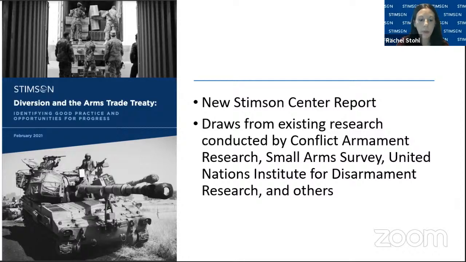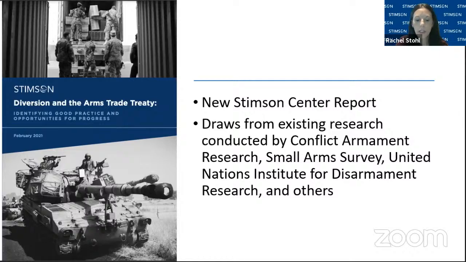And last month, we released a report with the support of the Government of Ireland that was a status update on some of the initiatives within the ATT process that aim to help states minimize the risk of weapons diversion, as well as provide a good practice compendium on methods that states can use to help address and mitigate such risk.